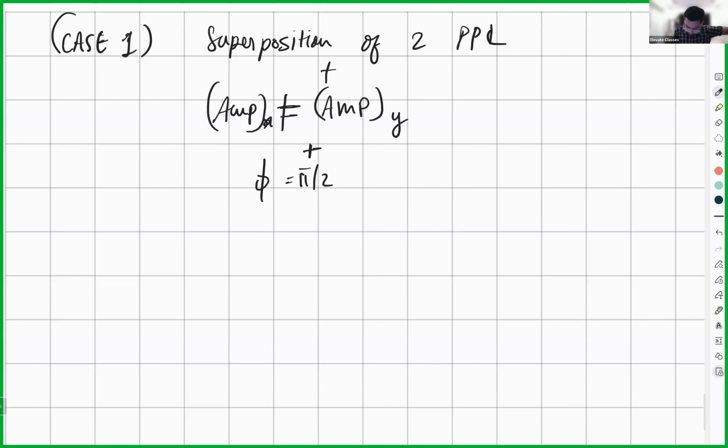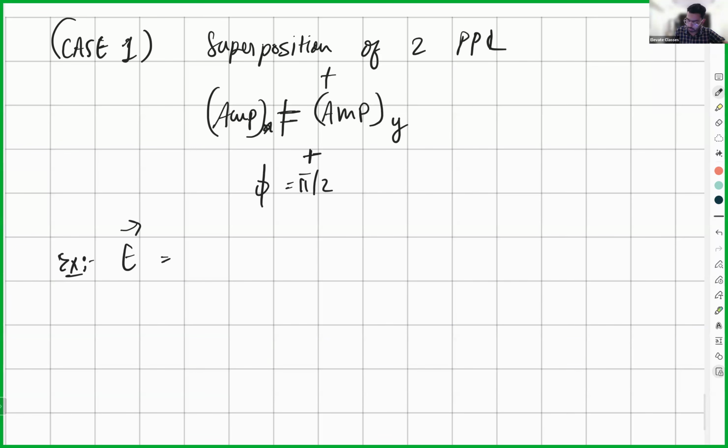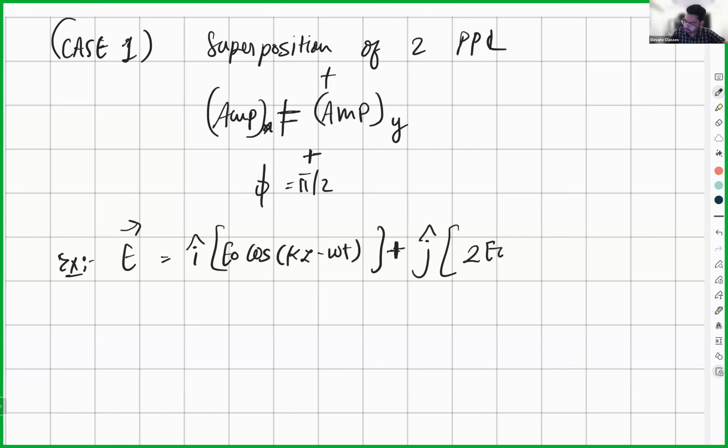The example would be electric field is equal to i cap E naught cos of kz minus omega t plus j cap, let us say instead of E naught I have 2 E naught, unequal amplitudes, remember?